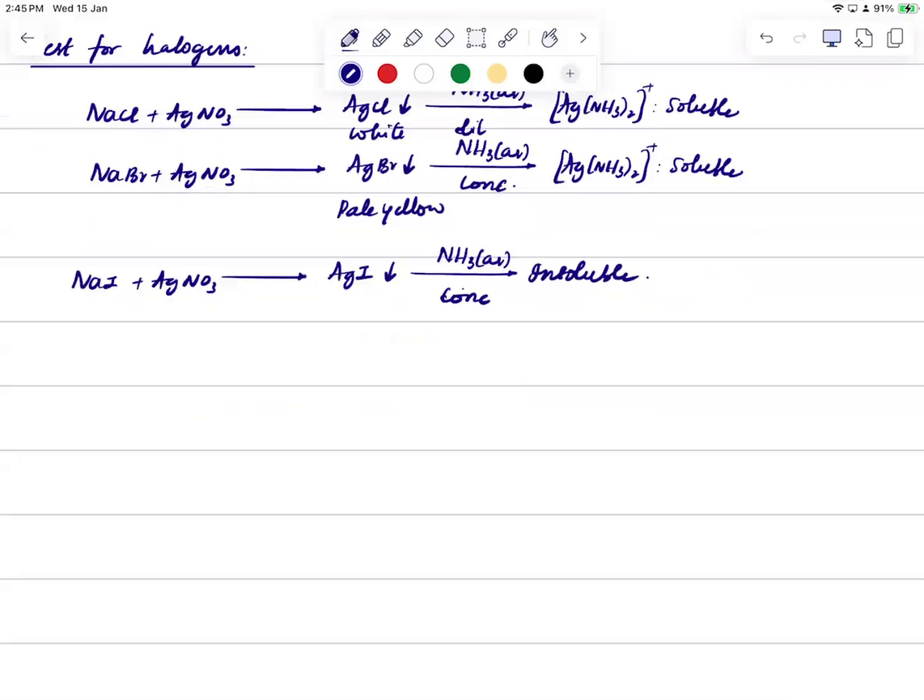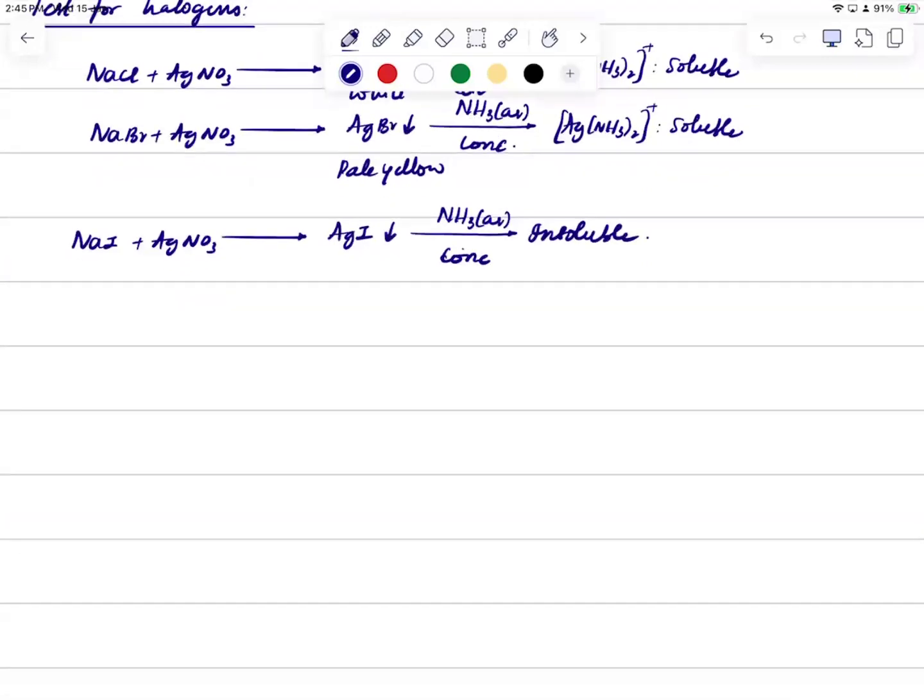Usually, while performing tests for chlorides, bromides and iodides, just for the safe side, we try to remove any cyanide or sulfur that is present. So how do we do that? If by chance NaCN plus Na2S are present in the solution, then we add a small amount of concentrated HNO3, so that this will become NaNO3 and release HCN vapors.